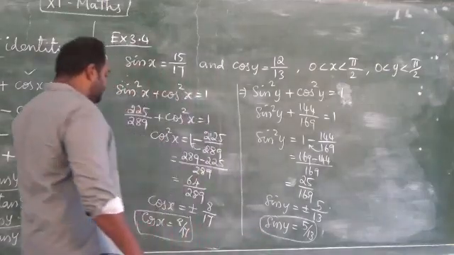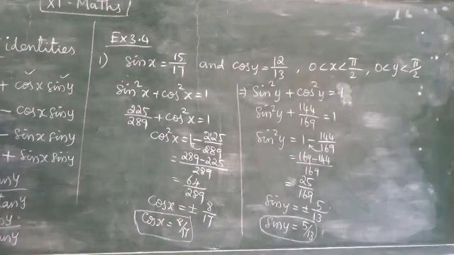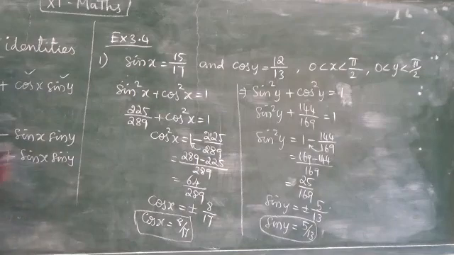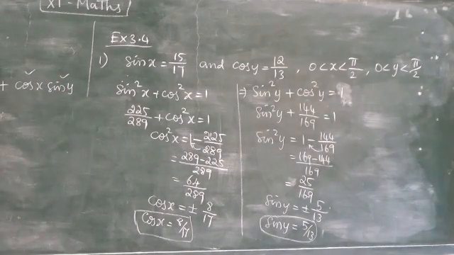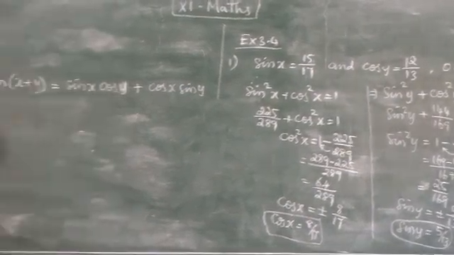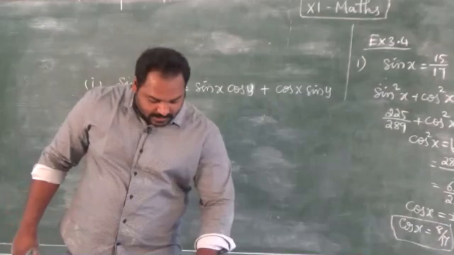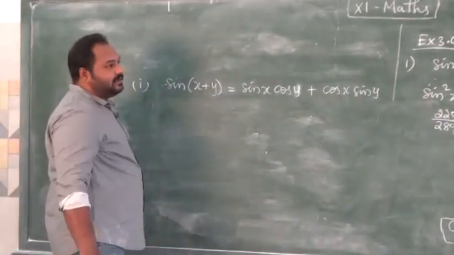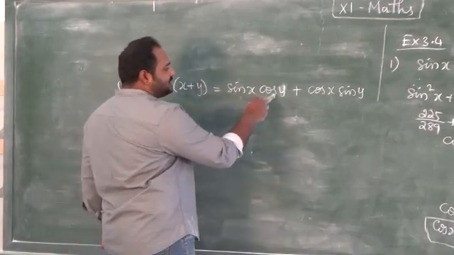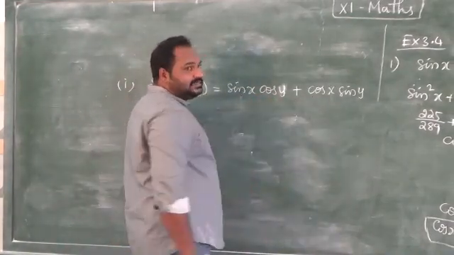Now we have the values of cos x and sin y. Now I am going to apply this formula, because the first subdivision is to find the value of sin of x plus y. Sin of x plus y is sin x cos y plus cos x sin y.